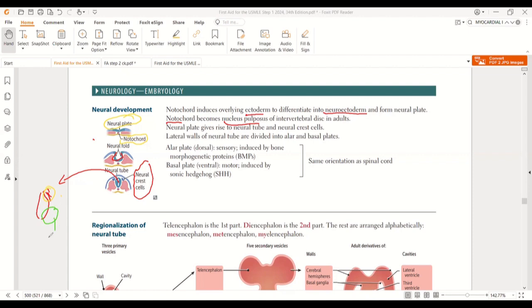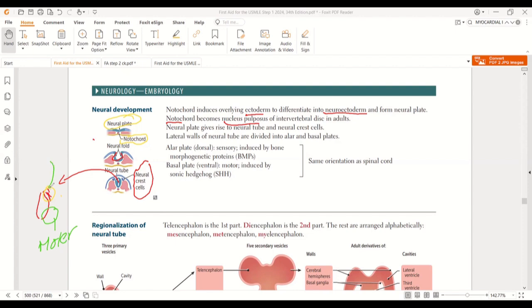This is motor, similar to the ventral horn of the spinal cord, which is motor, and the dorsal horn, which is sensory. So a similar arrangement exists in the neural tube, right?